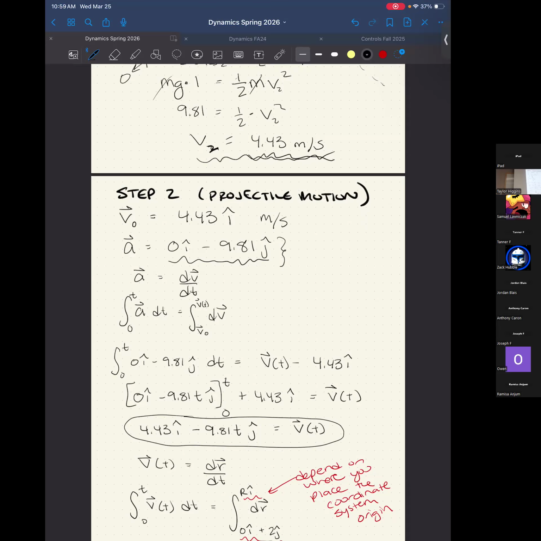Just another heads up, I updated the equation sheet. So the equation sheet that is currently on Canvas now reflects what I will be giving you in the exam. The only thing that I changed is I used to teach the SVAT relationships. You might have seen those on the equation sheet. We never covered them. I don't teach them anymore. I don't find them that useful. So I took that off in order to make extra room for the additional things that I told you in class that I would add.